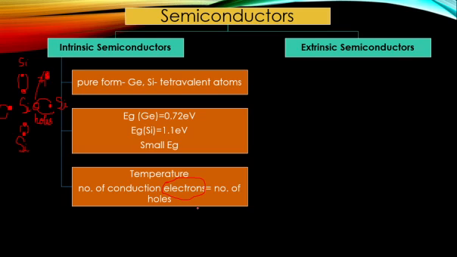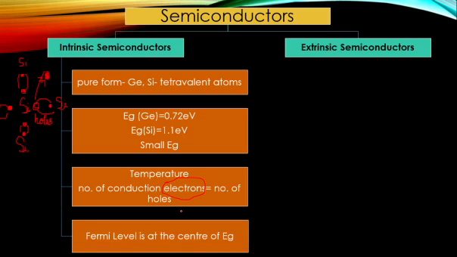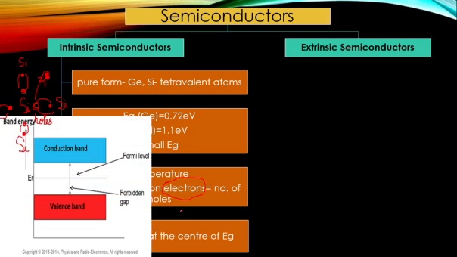And what is the speciality of intrinsic charge carriers? The number of conduction electrons will be the same as the number of holes that is created. Okay, so what will happen to the Fermi level? Fermi level is the center of gravity of charges. So you can see that in the conduction band there are lots of electrons, and in the valence band there are equal number of holes.